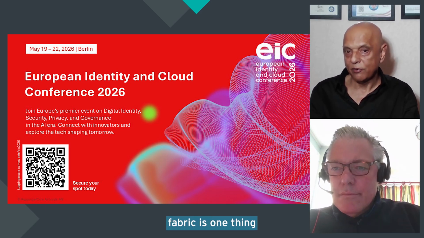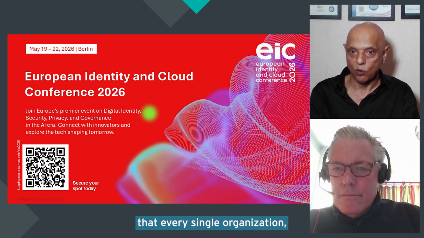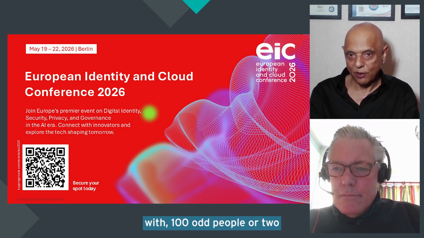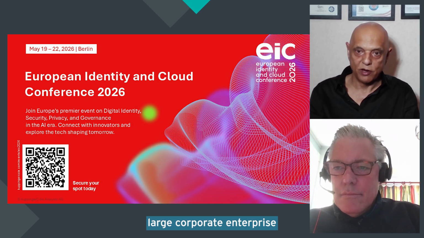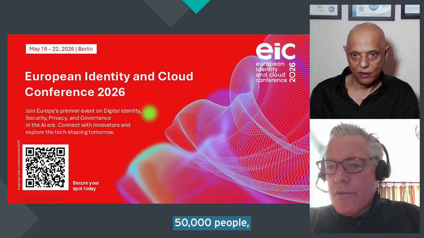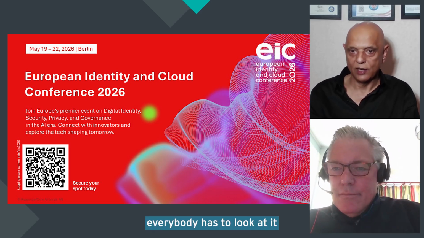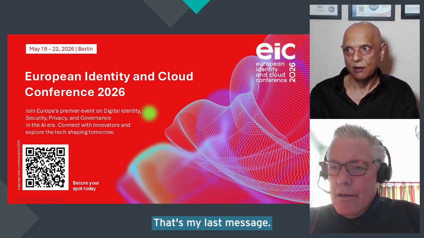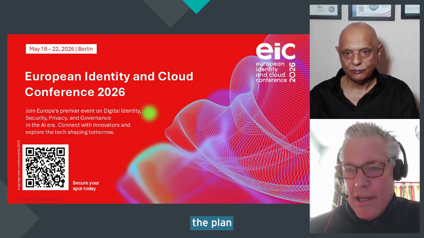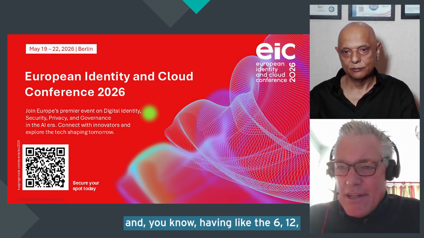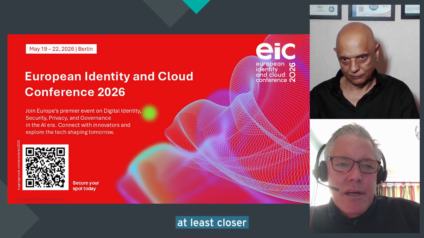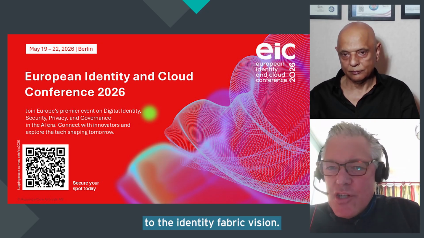I think identity fabric is one thing that every single organization, whether it's an SMB with 100 odd people or a large corporate enterprise with 50,000 people, has to look at seriously today. That's my last message. Yeah, I agree. It's all about the architecture, the plan, and having like a 6, 12, 18-month plan so that you're moving from where you are to where you need to be, at least closer to the identity fabric vision.